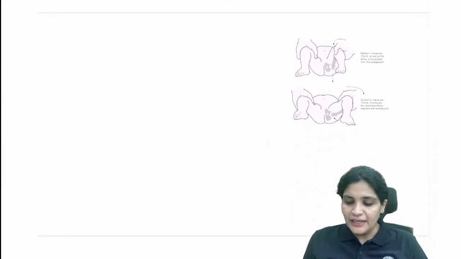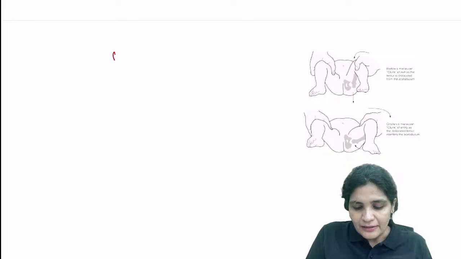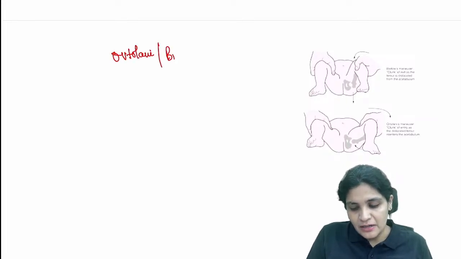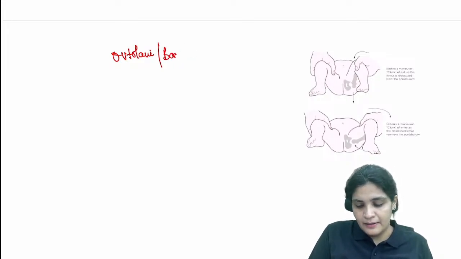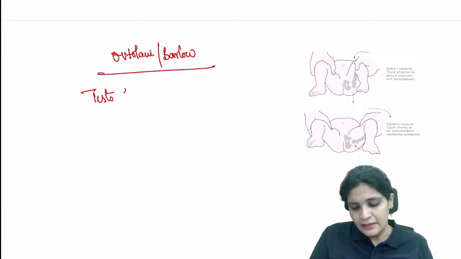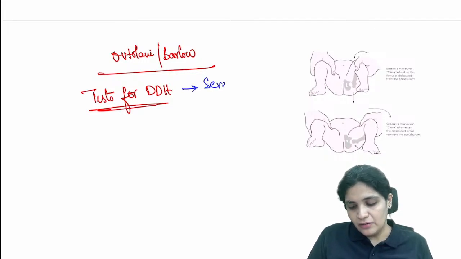And now, not to forget, once you have encountered all this and you have answered it well, they will also ask you about Ortolani and Barlow's test, which are the tests for your DDH, right? These are the tests for your DDH, and these are used as the screening for the newborn.